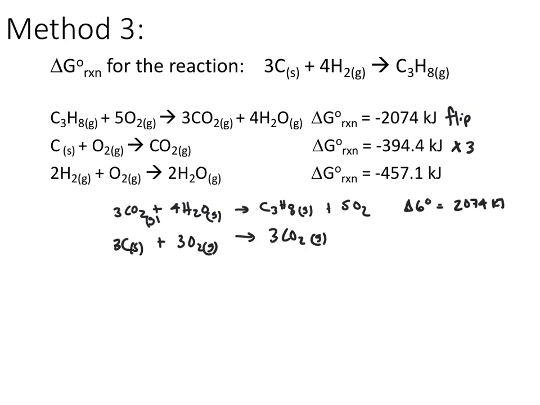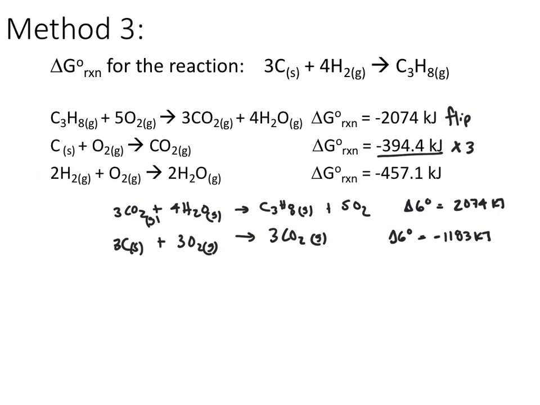This equation is now going to have a new delta G value, and we get that new value by tripling our original delta G that was provided, which is going to give us negative 1,183 kilojoules.